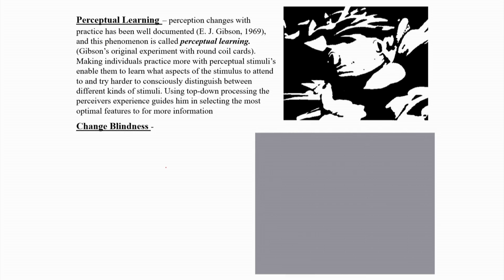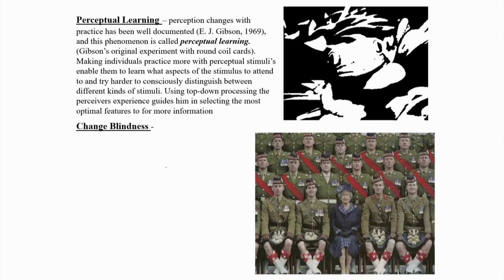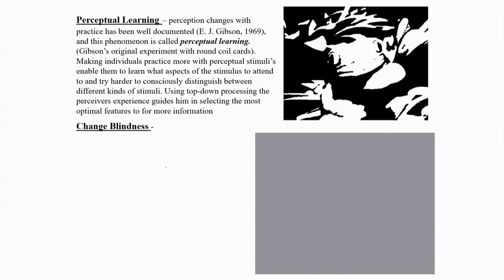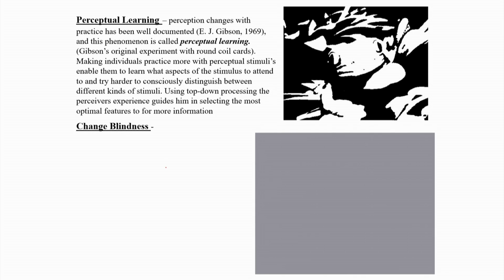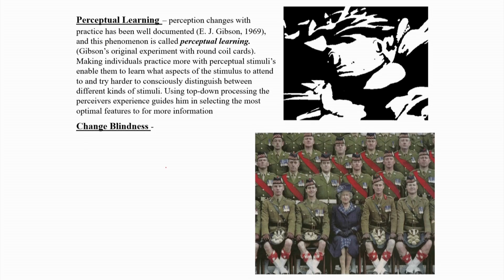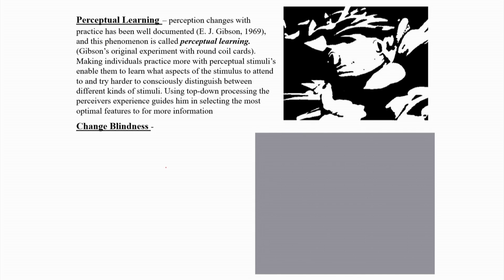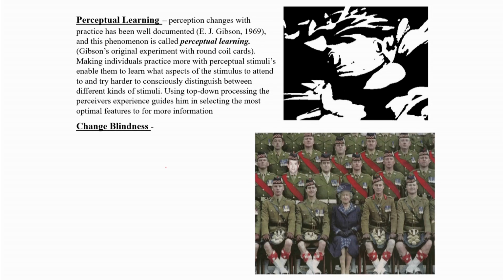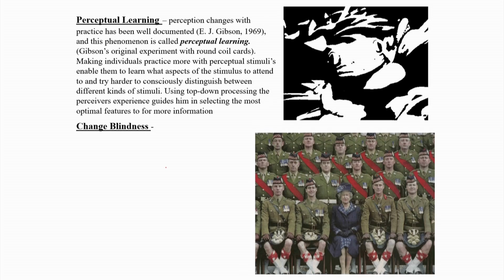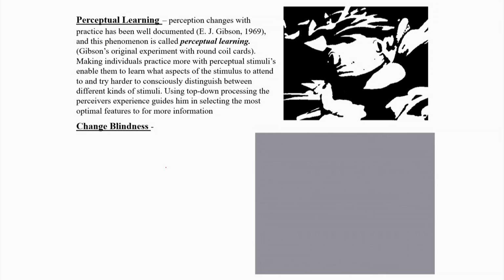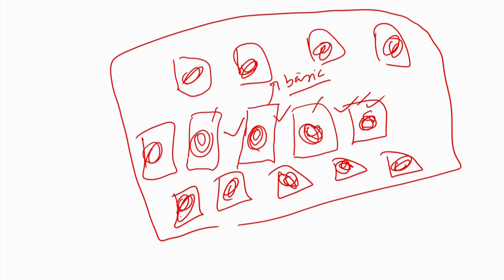People watching the movie were actually watching the gist of the movie, so they had a certain expectation, and since this was not in their expectation, they did not notice the change. So change blindness is another interesting feature of the top down process.